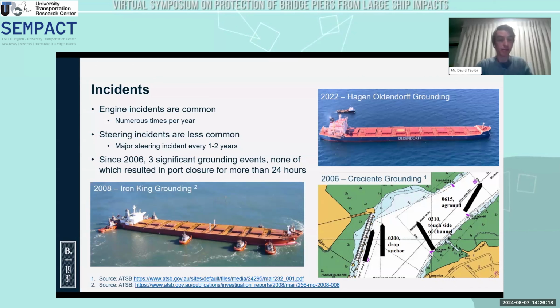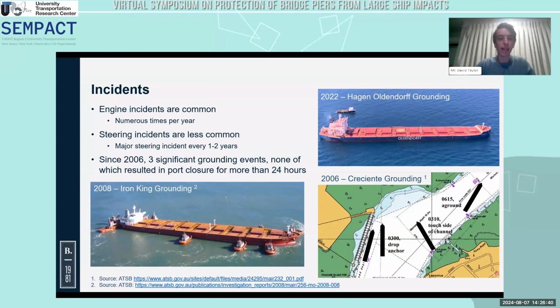In 2022, there was a steering incident that led to a very hard contact with and collision between the ship and the margin of the channel. They were able to refloat the ship quickly and get it out to deep water, but the ship sustained substantial damage to the hull.